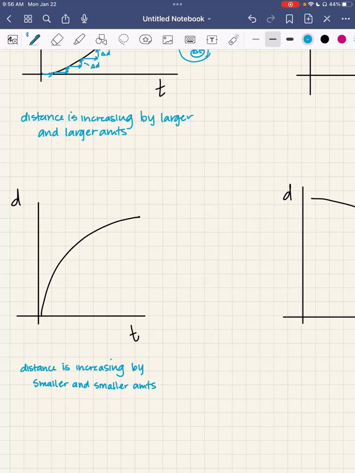You're traveling away from that stoplight, but now you're slowing down, right? You're going away by smaller and smaller amounts. So in that first second, your distance increased by quite a bit. In that next second, the distance still increased, but by a smaller amount. The next second, by a smaller amount, right? And so on and so forth. So these changes in distance are still positive, but they are decreasing.